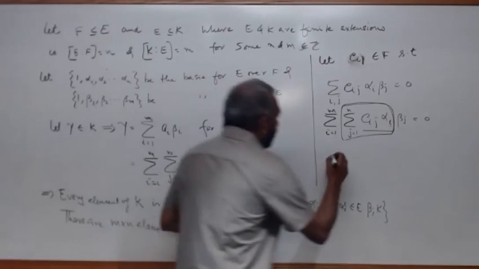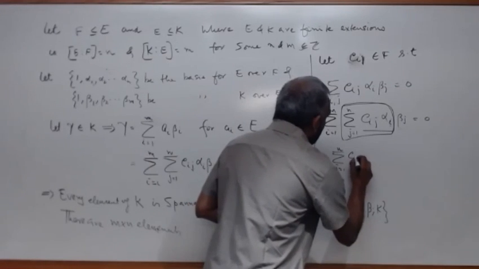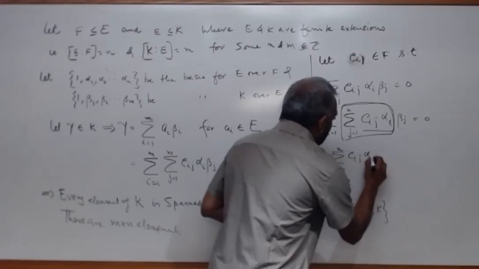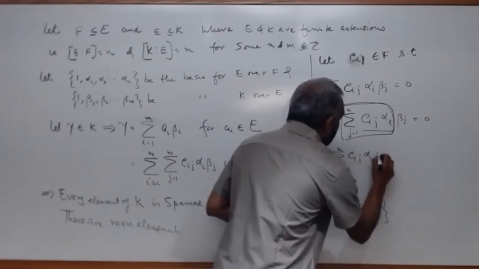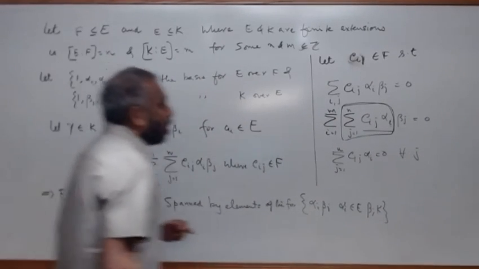So the sum for j equal to 1 to n of c_ij alpha_i is equal to 0 for all i.